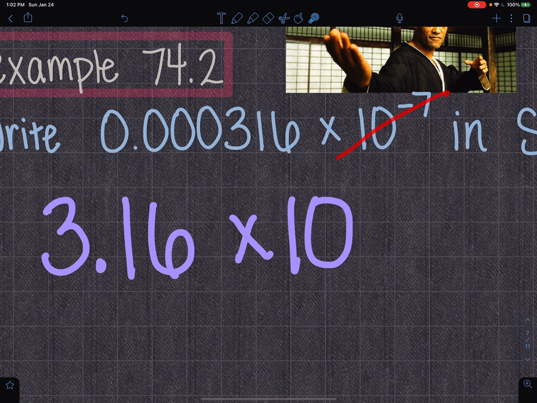How many times do I move this decimal? 1, 2, 3, 4. I'm moving it 4 to the left. 4 to the left is a negative 4, because not choosing the right, it's not being positive. I got to go negative. That means to the left.